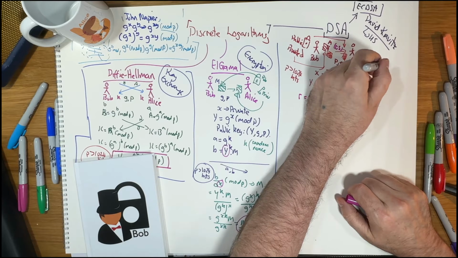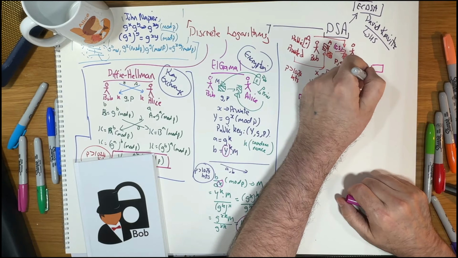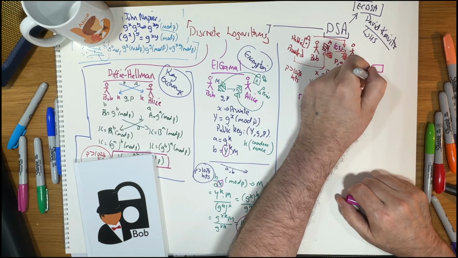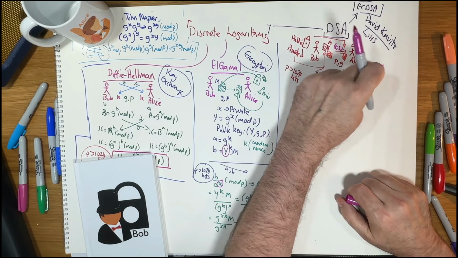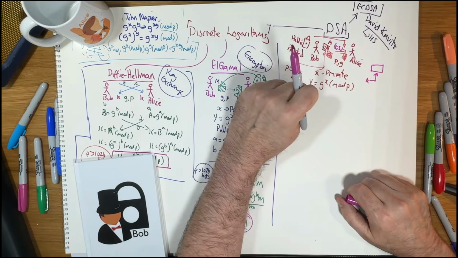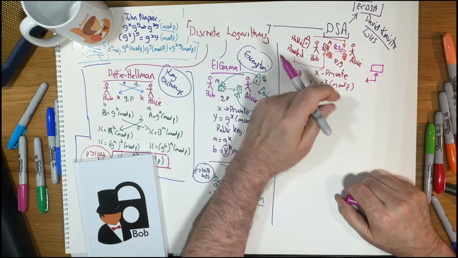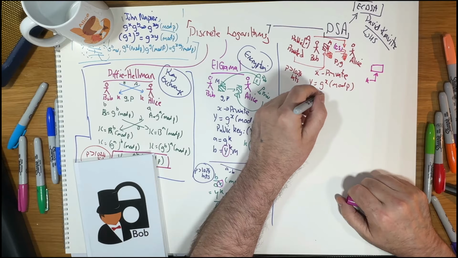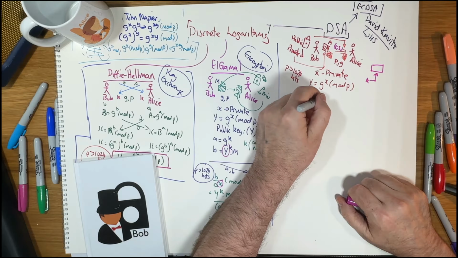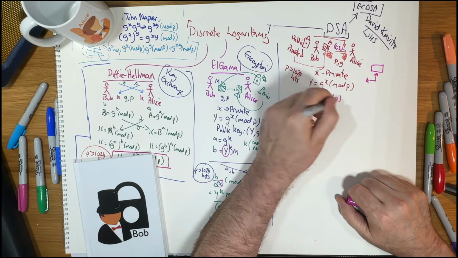So in our signature, we're going to use a K value, or a random nonce, and then take the mod of P.